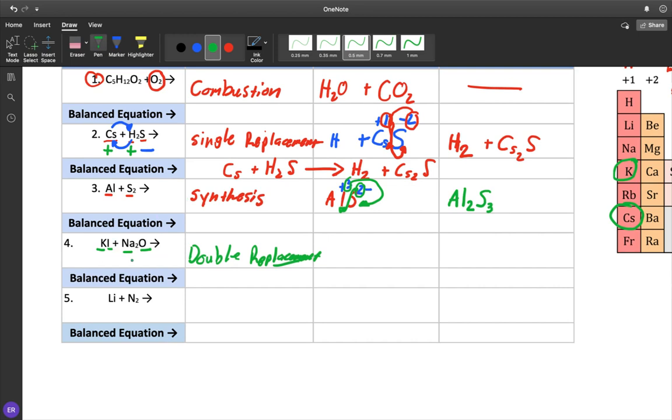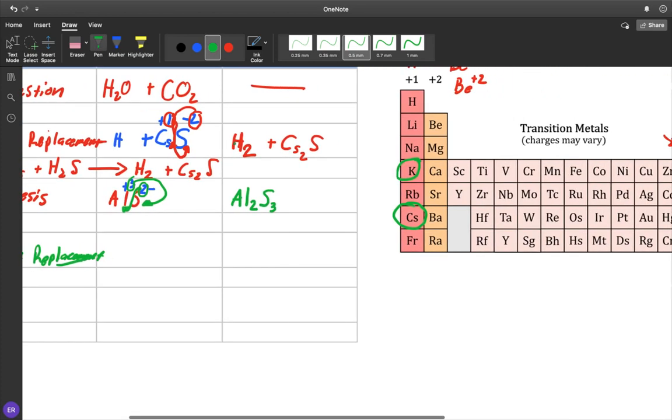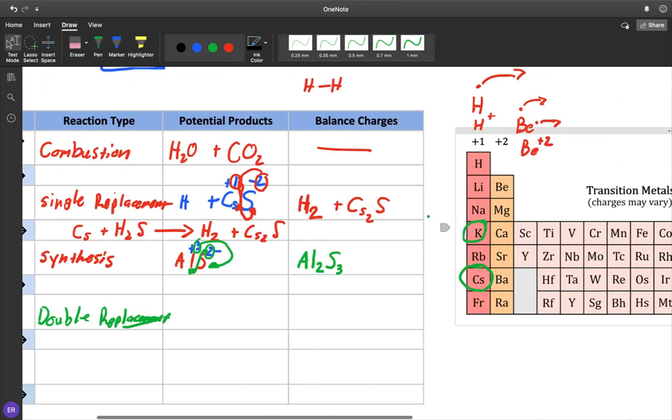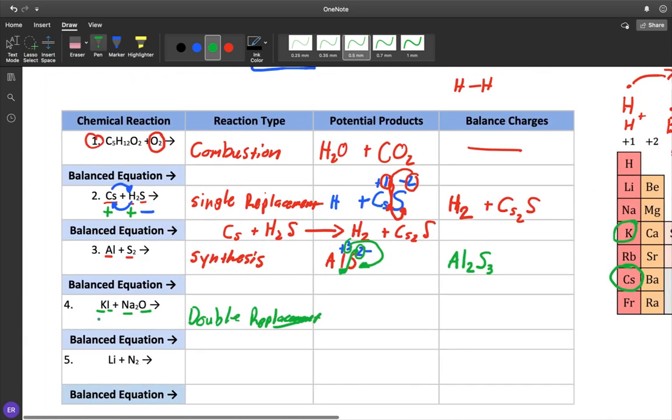Let's take a look at whether it's positive or negative. So K is on the positive side and then I is on the negative side. So K is positive, I is negative. And then Na, you can take a look, but it's on the positive side. And O is on the negative side.